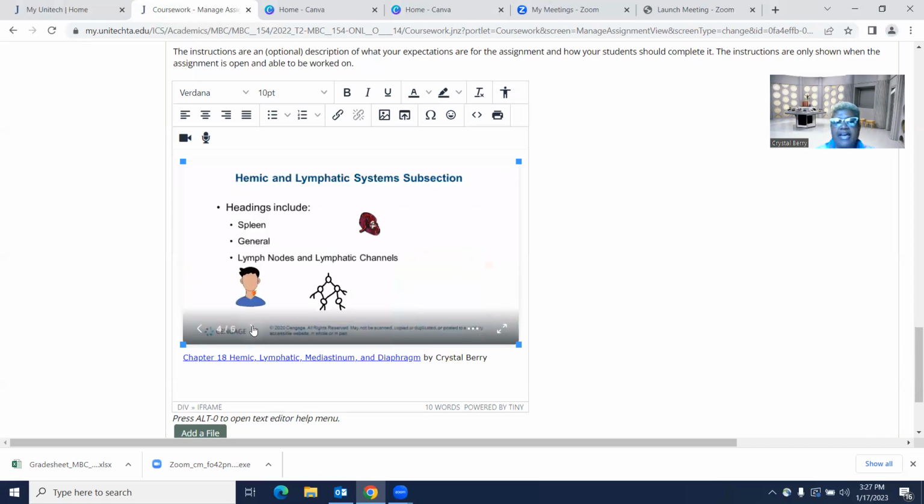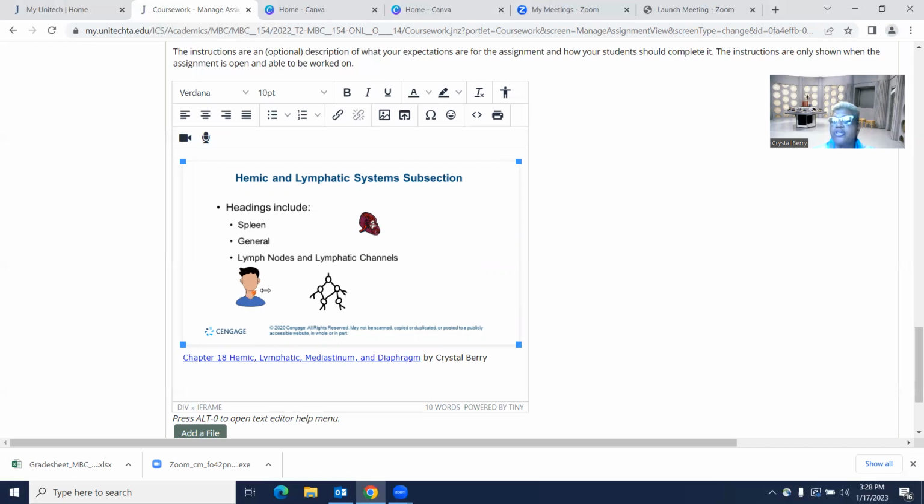The third slide, hemic and lymphatic system subsection. The subsections of the hemic and lymphatic system headings include spleen. I have a picture of the spleen here for you to look at. General is like the general functions in the body, lymph nodes, and lymphatic channels.